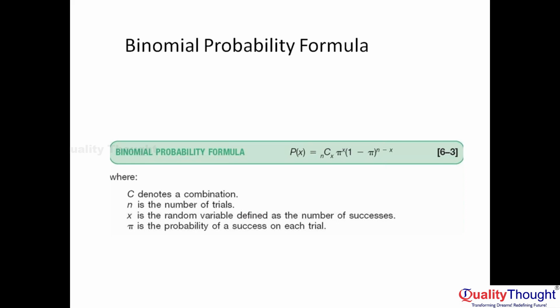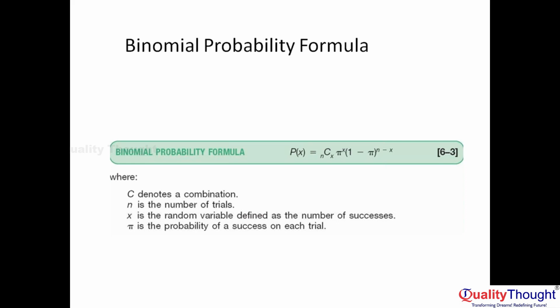Let us understand how this formula was built. Remembering the formula won't give you anything. We have to understand how this formula has got its own existence. nCx represents the combination: the number of trials that you made, the number of successes that you have got. 10 trials you made, you got one success, 10C1.